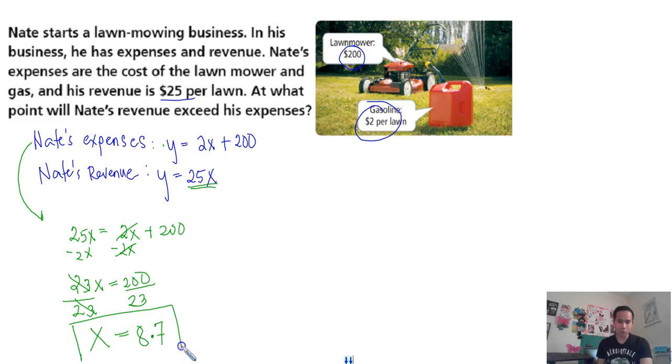Since x is the number of lawns Nate mows, he needs to mow 8.7 lawns before his expenses and revenue are equal. So he needs to do 8.7 jobs before the expenses and revenue will be equal. So that's how you interpret this problem.